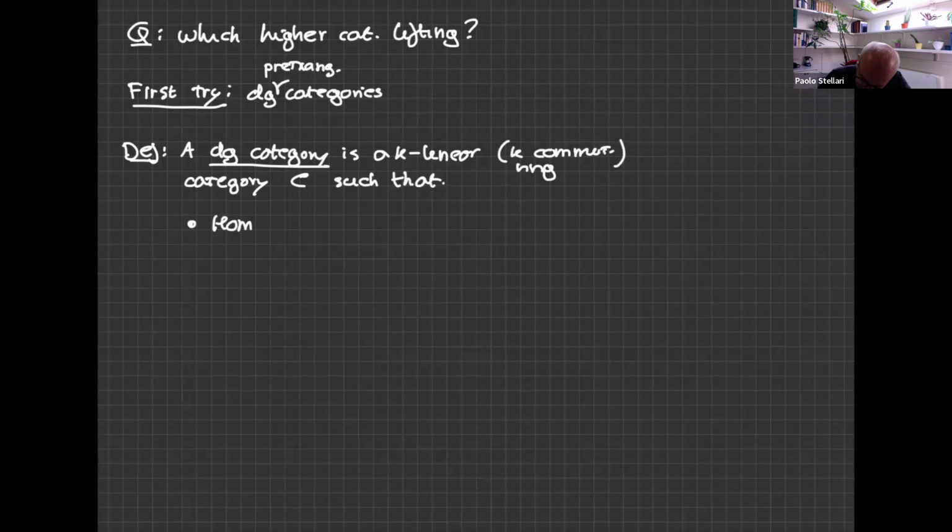So Hom in C between two objects is a complex of k-modules.